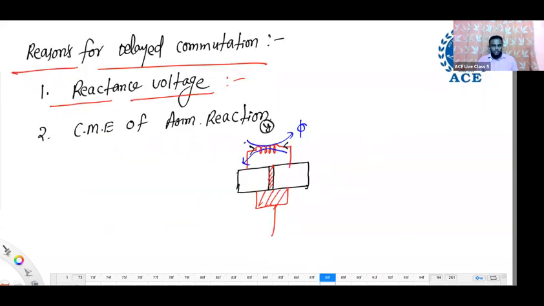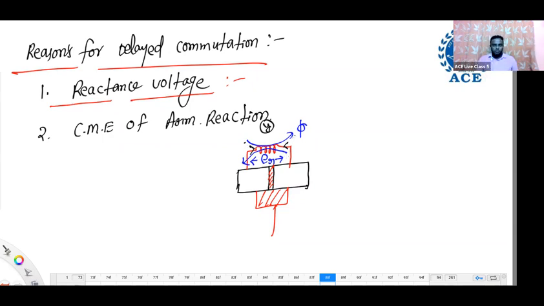Whenever there is a change in flux in the coil, an EMF will be induced. That EMF we call reactance voltage. What is the nature of this reactance voltage? Is it statically induced EMF or dynamically induced EMF? The EMF induced due to alternating variation of flux we call static. The EMF induced due to dynamic or time-invariant flux we call dynamically induced EMF.